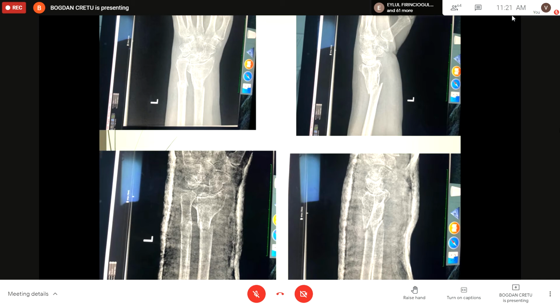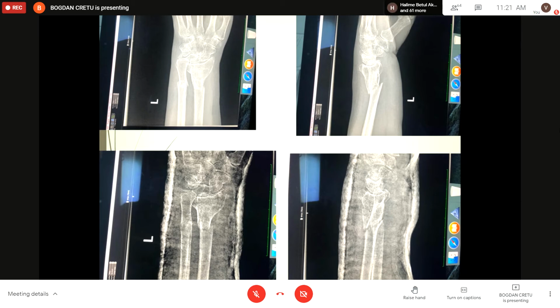Okay, so it's a distal third ulna and radius fracture. Do we have any displacement in the fracture? It's a small displacement, but still exists.